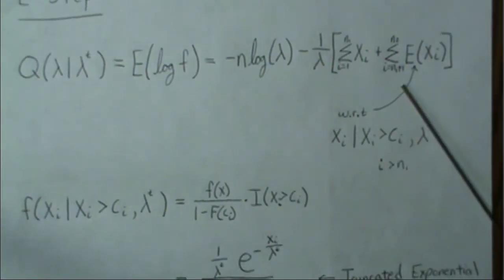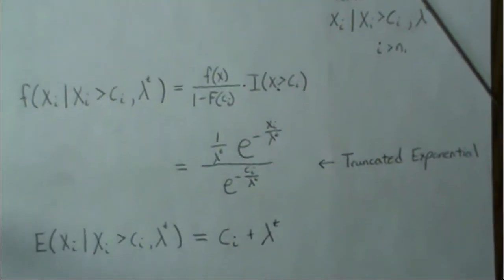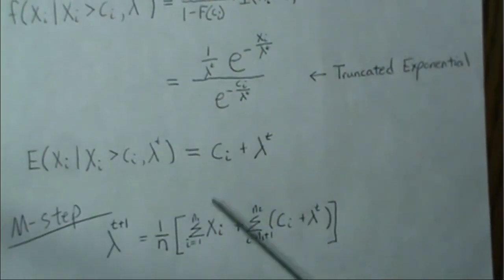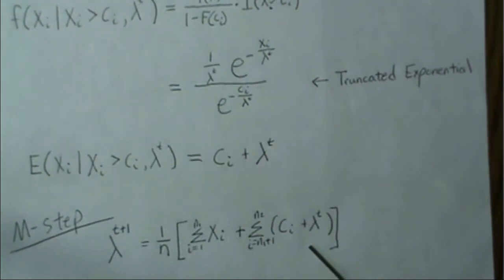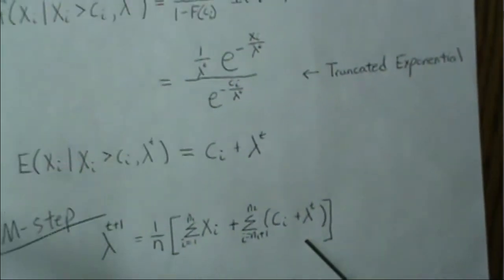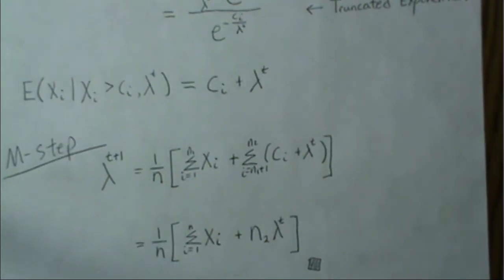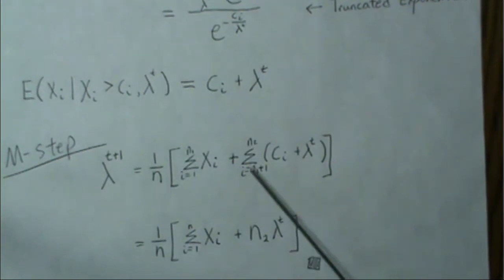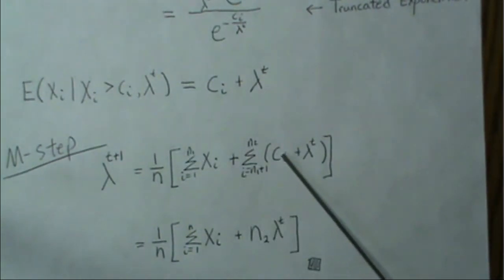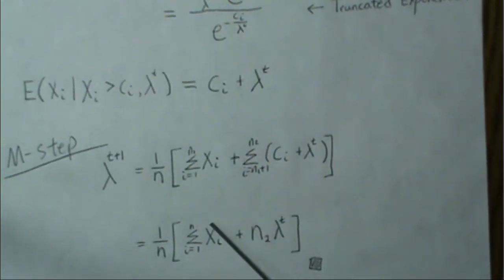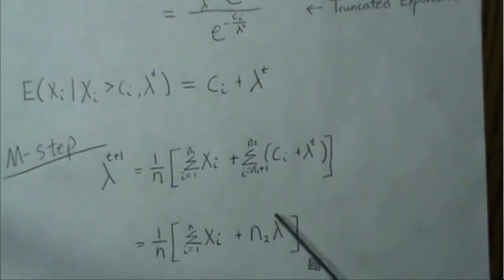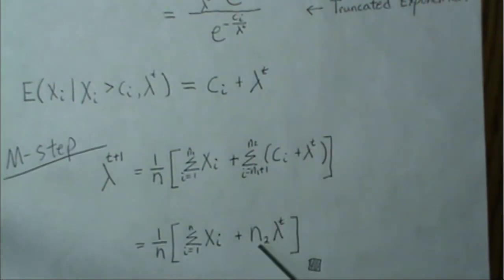So we take the first derivative and set it equal to 0, and we get this, but this can be simplified as we're adding the first n1, and then we can add the next n2, we can put those together and just add our data up, and then we're adding in more of our initial guess of our parameter, and then divide by n, and that is our M step.